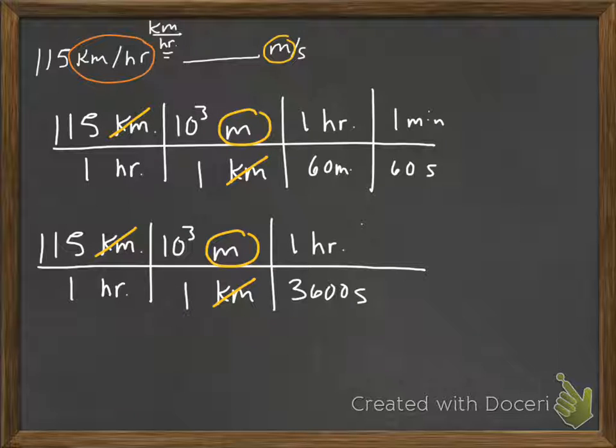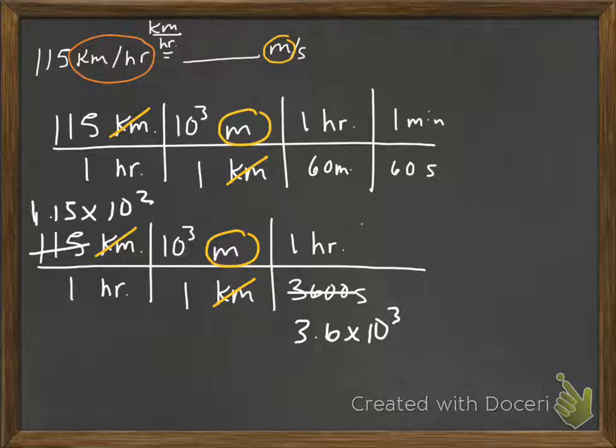You can do this as an easy power of 10 conversion. It's not as clean and easy as the other ones. You're going to need a calculator. But if we convert these all, 1.15 times 10 to the second, convert this, 3.6 times 10 to the third, and I'm actually going to get rid of this one.